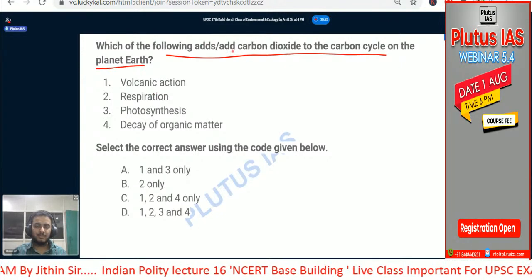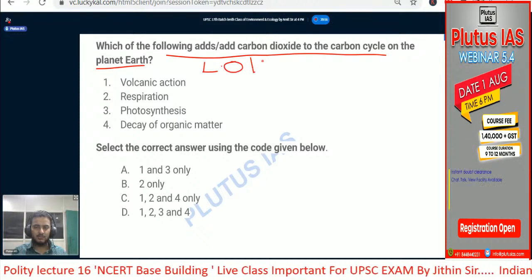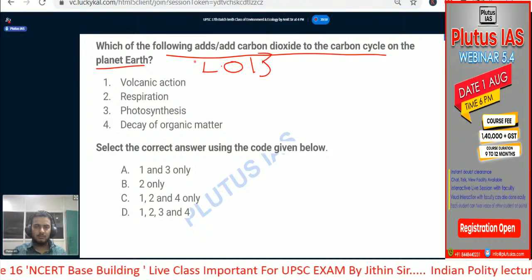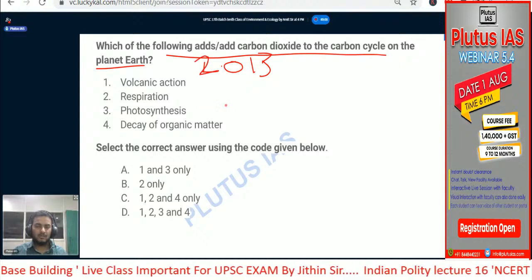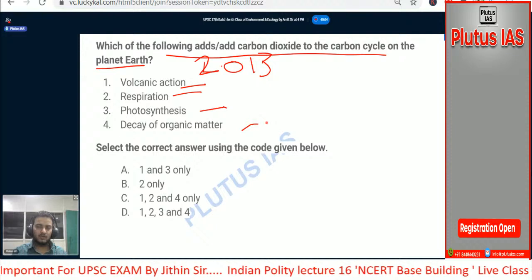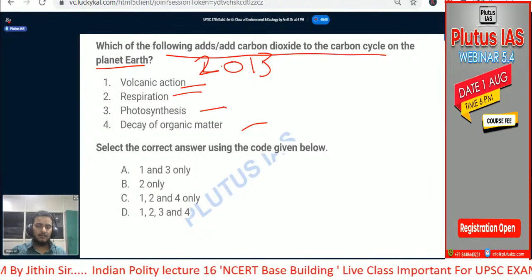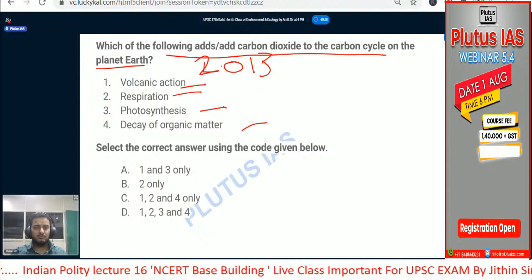This is a UPSC question, I think from the year 2013 or 14. You have to answer this question: volcanic action, respiration, photosynthesis, decay of organic matter. Which of the following adds CO2 to the atmosphere?